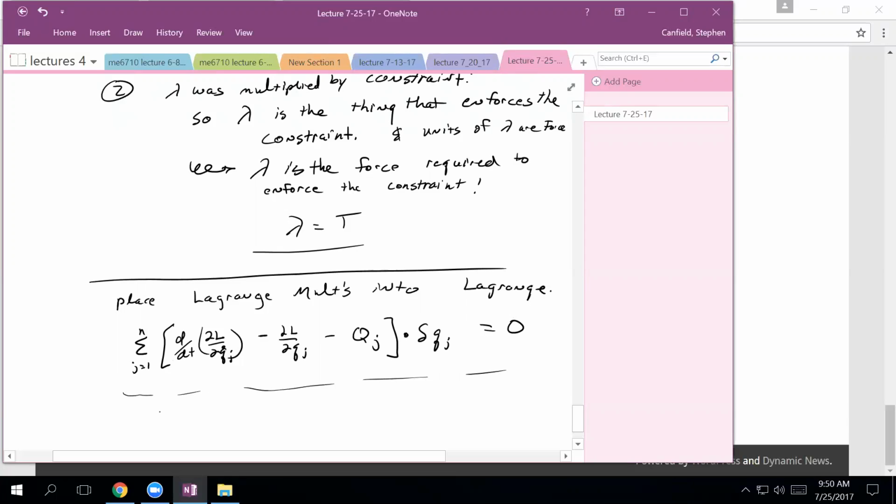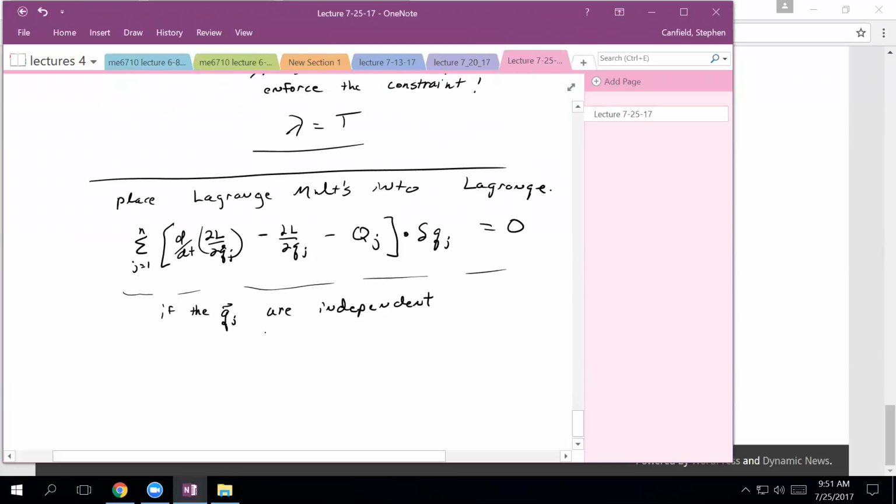And then before we said if the qj are independent, then this bracket equals 0 for all j. That's what we said before.